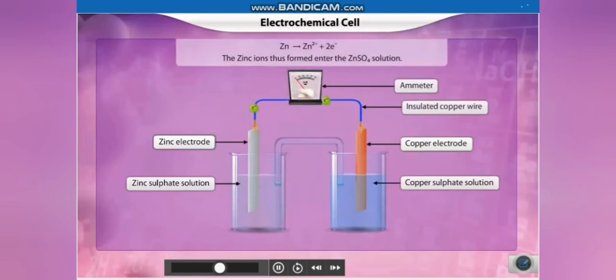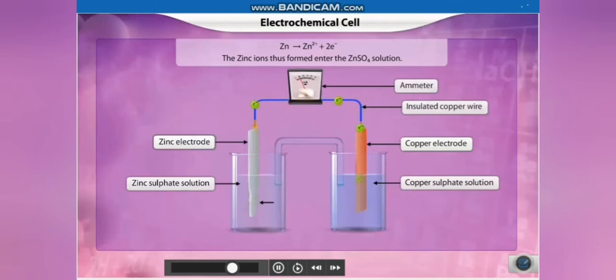Here at the zinc electrode, zinc loses electrons and becomes Zn2+, and thus the Zn2+ goes into the solution of zinc sulfate and the concentration increases. These electrons from the zinc electrode pass through the external circuit, and the weight of the zinc electrode decreases.